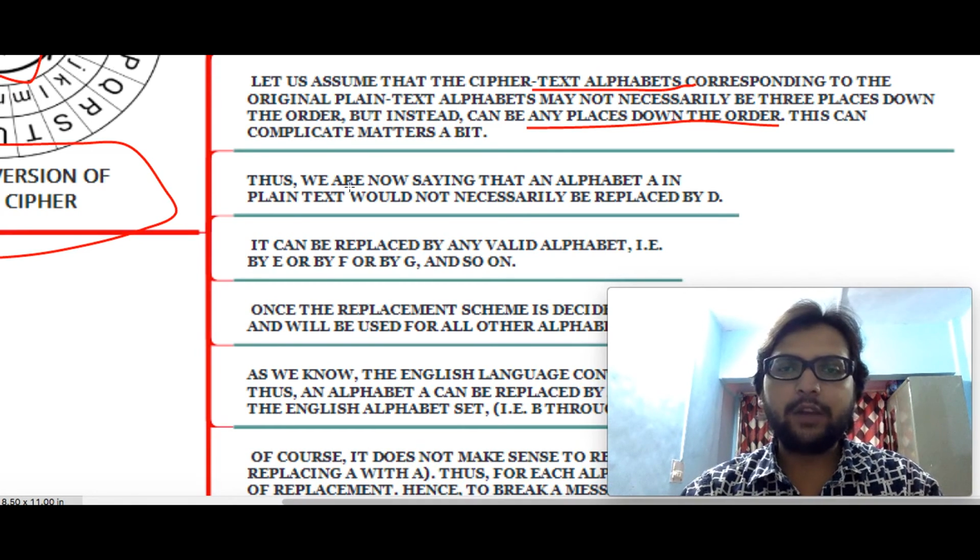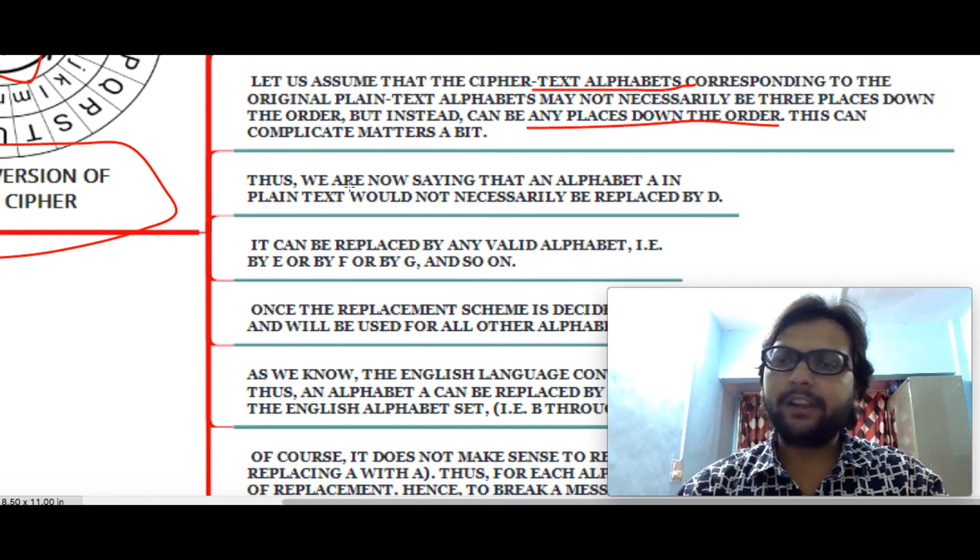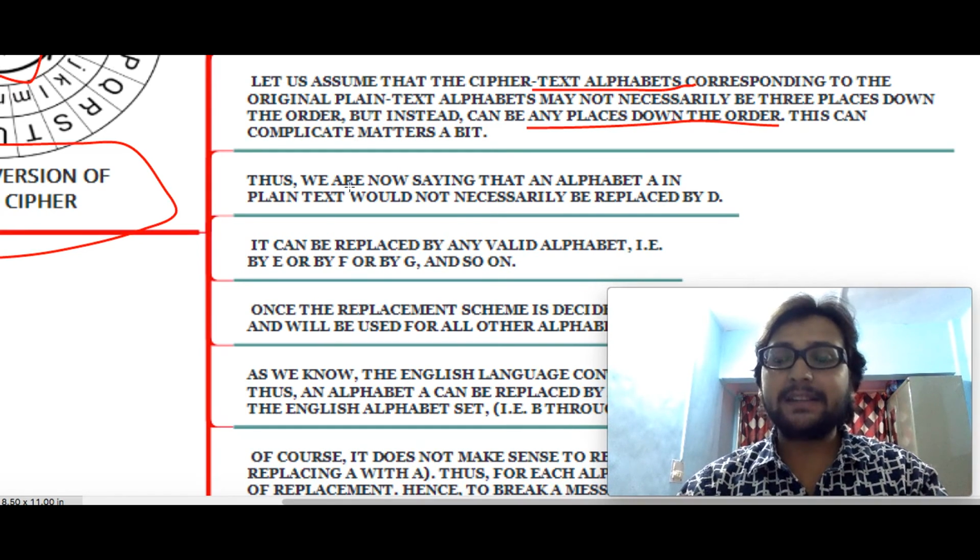So we are going to replace A with the rest of the 25 alphabets. If any person wants to decrypt our message, or crack our algorithm, that person is going to try a maximum of 25 attempts only, and within those 25 attempts one can 100% decrypt our message.